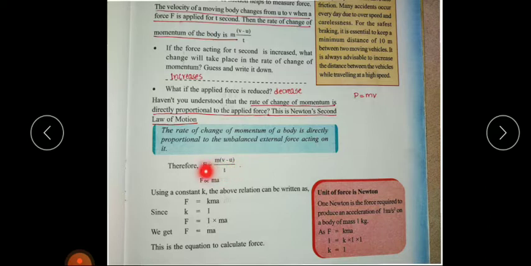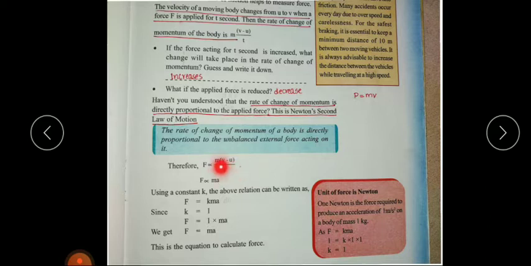That is, F is directly proportional to m into v minus u by t. This term represents rate of change of momentum and F represents force.